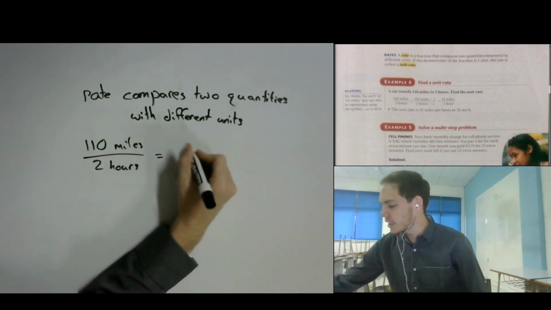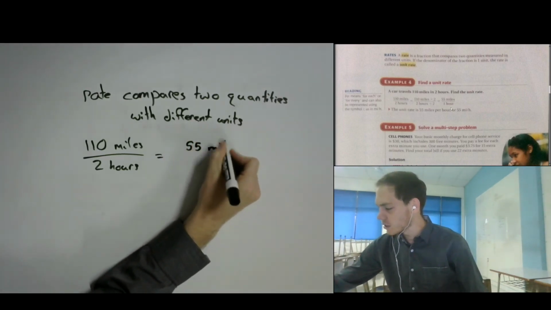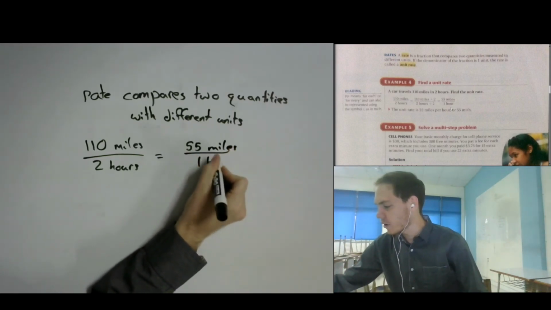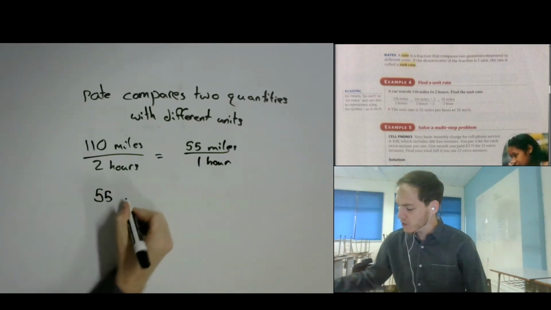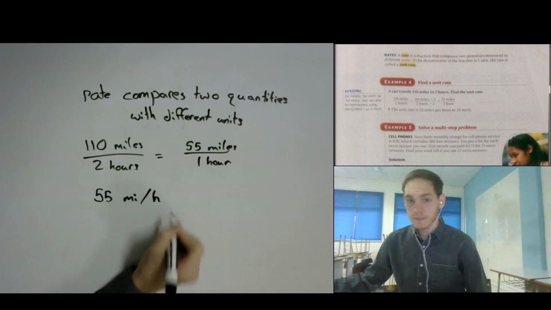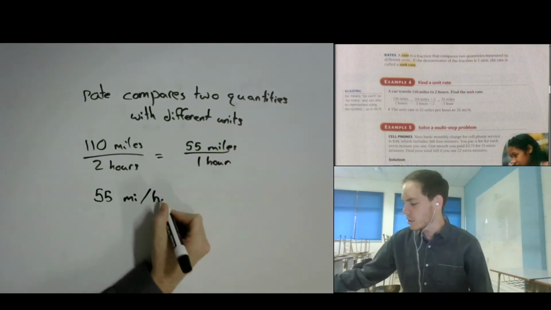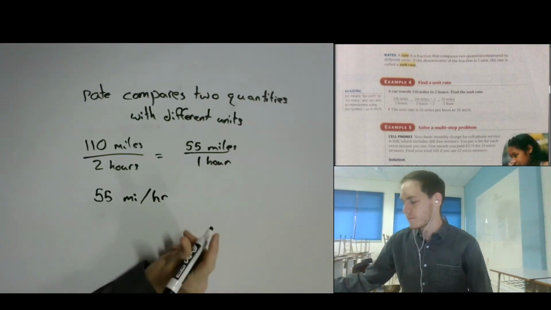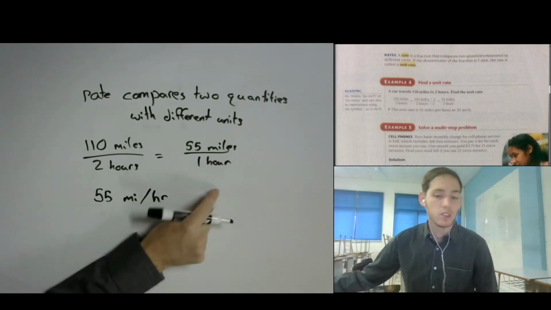We get 55 miles per 1 hour, or 55 miles per hour. Now you can write it this way. So this would be the unit rate.